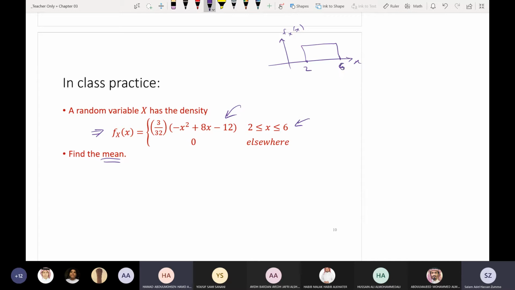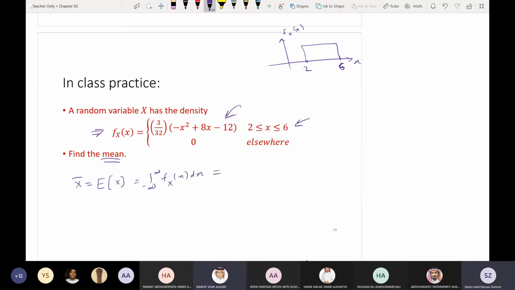Shabab, try to use what we learned, please. I calculated and it will be equal to 1. Equal to 1? How did you find that? Okay Shabab, what is the expected value, what is the mean here? The integral from minus infinity to infinity of x fX of x.